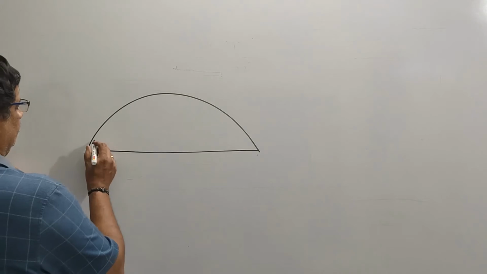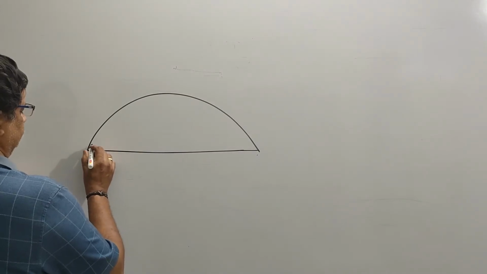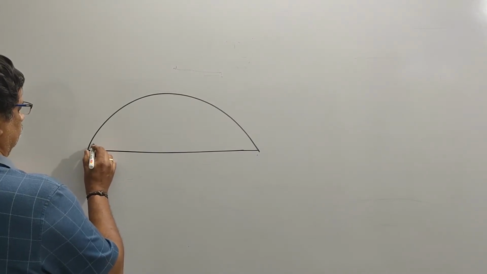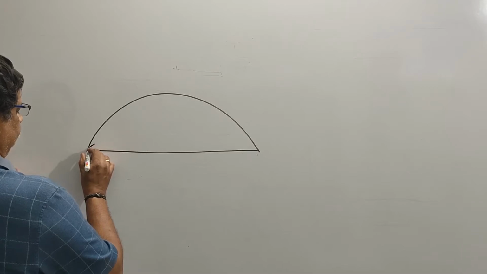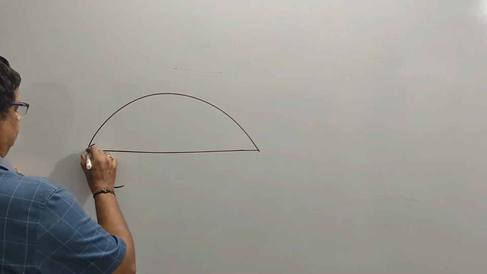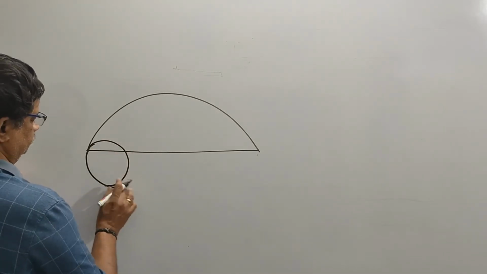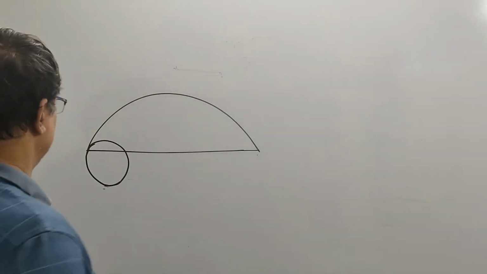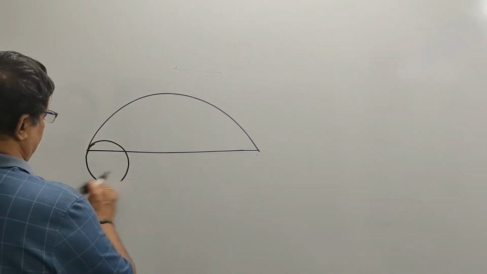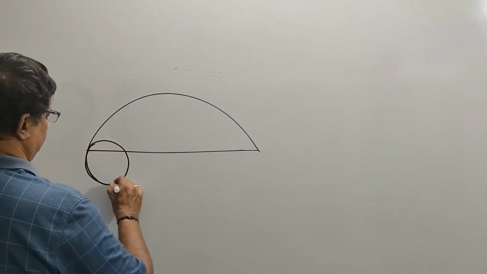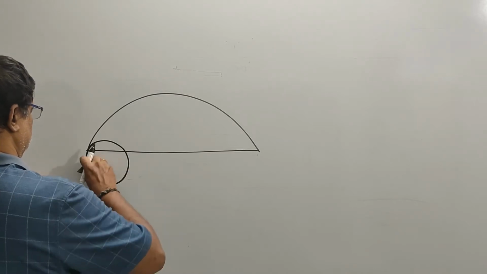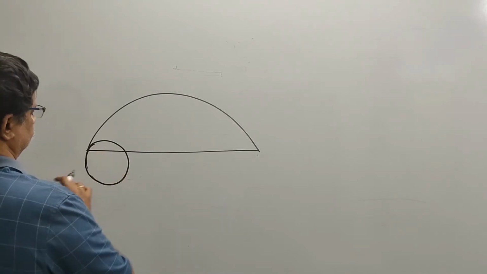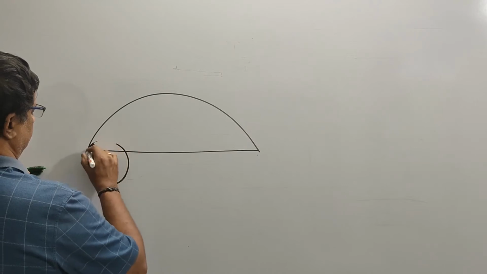For that we have to draw the circle which passes through the point of projection. So this is our circle which passes through the point of projection.